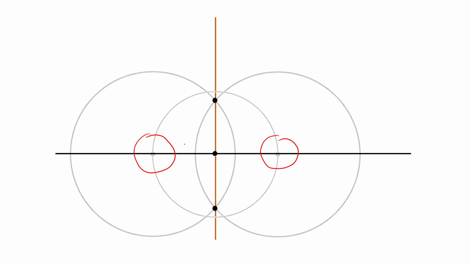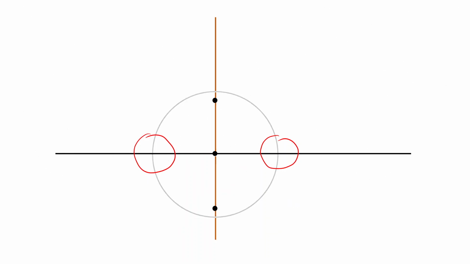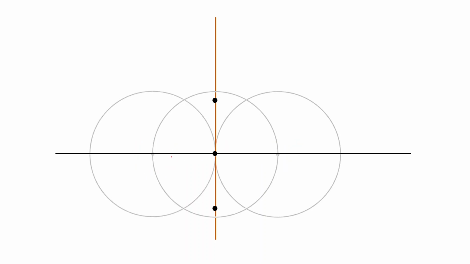So you will have to make them big enough. But suppose you make them smaller and smaller in such a way that they do not intersect but they touch at the center.